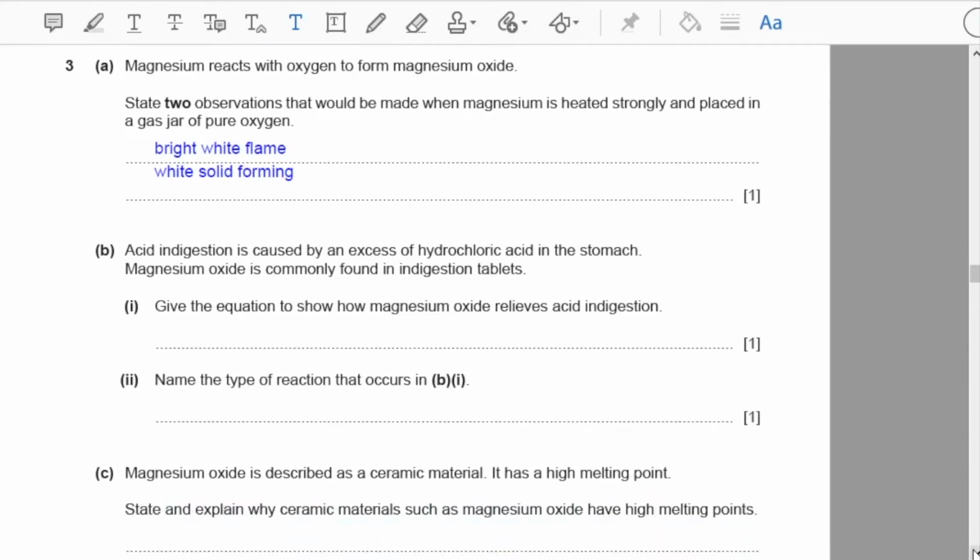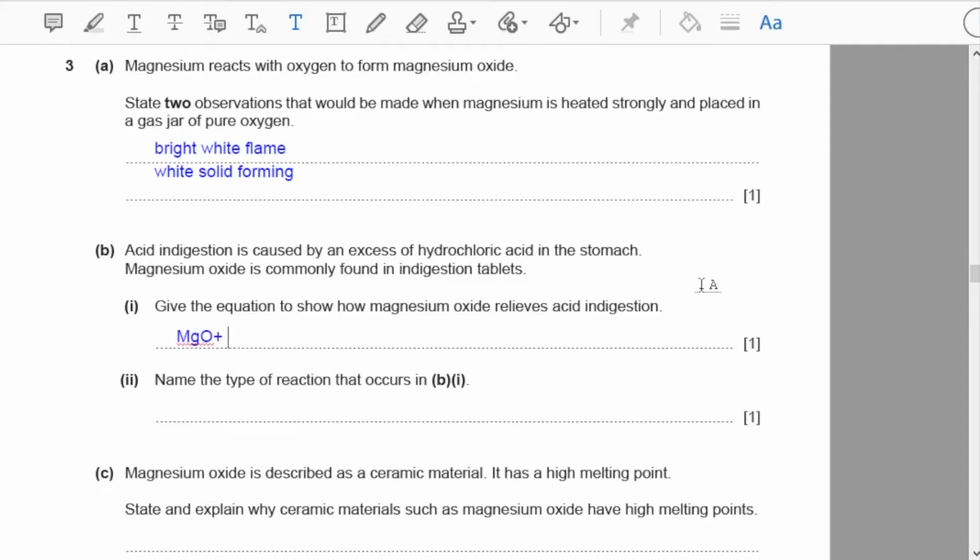Part B, acid indigestion is caused by an excess of hydrochloric acid in the stomach. Magnesium oxide is commonly found in indigestion tablets. Part 1, give the equation to show how magnesium oxide relieves acid indigestion. Okay, so this is magnesium oxide.